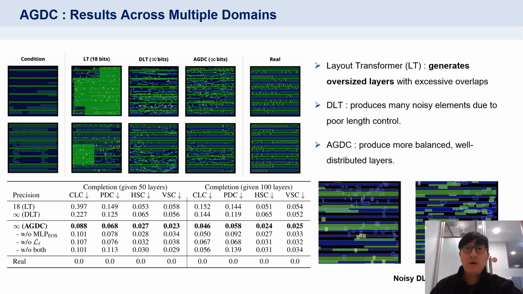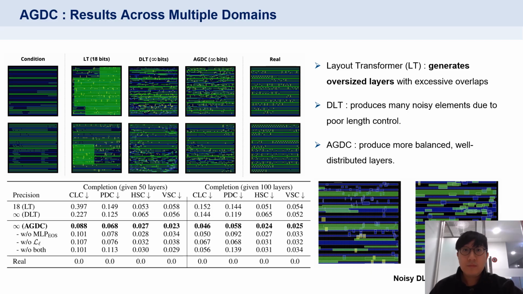The qualitative results showed that Layout Transformer generates oversized layers with excessive overlaps, as you can see here, while DLT produces many noisy elements due to the poor length control, as you can see in the right bottom side. On the other hand, AGDC produces more balanced, well-distributed layers that better align with real sample distributions.